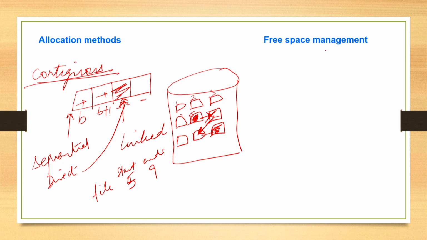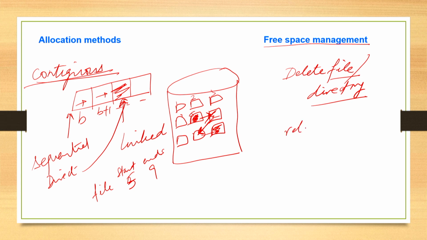One should also have an idea how the free space can be managed, because once you delete either a file or directory, then the space acquired by this file and directory will be released. Release means it is now available.